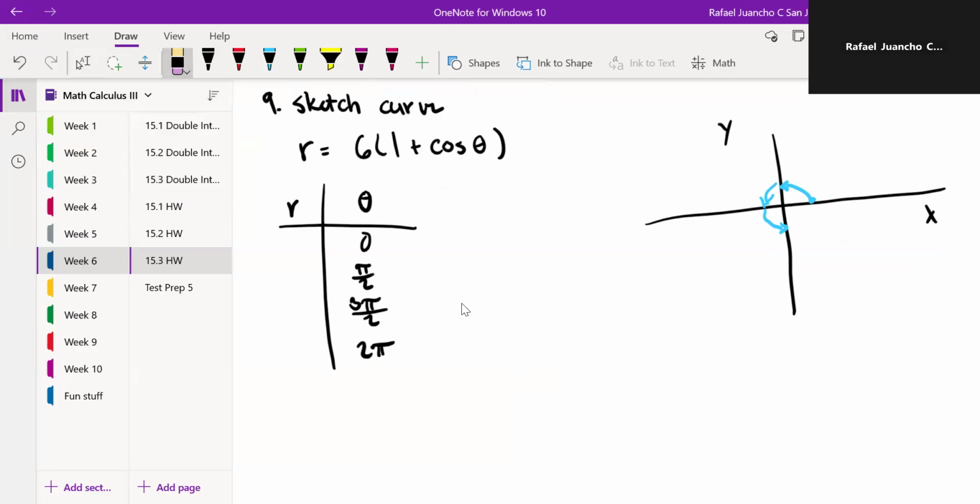Oh, yeah, I forgot about the pi, the 180. So here's pi, and then 3 pi half is that one, and then 2 pi, which is the full rotation here. We basically want to consider all of these as we're rotating.